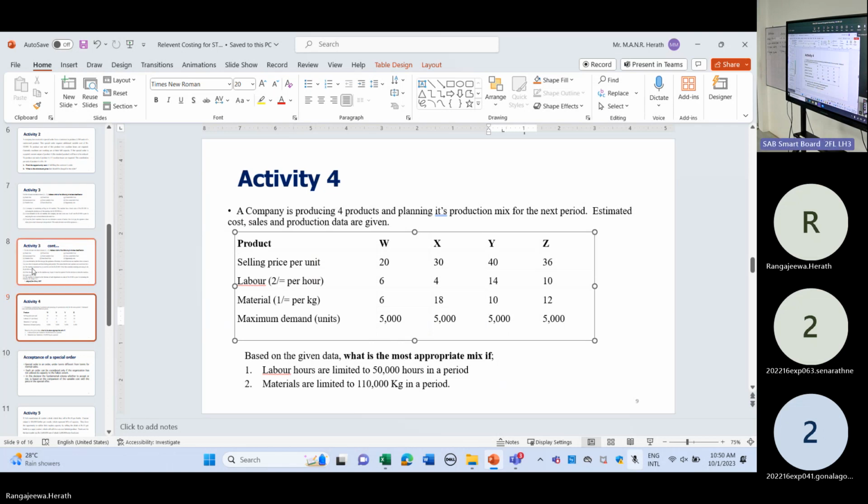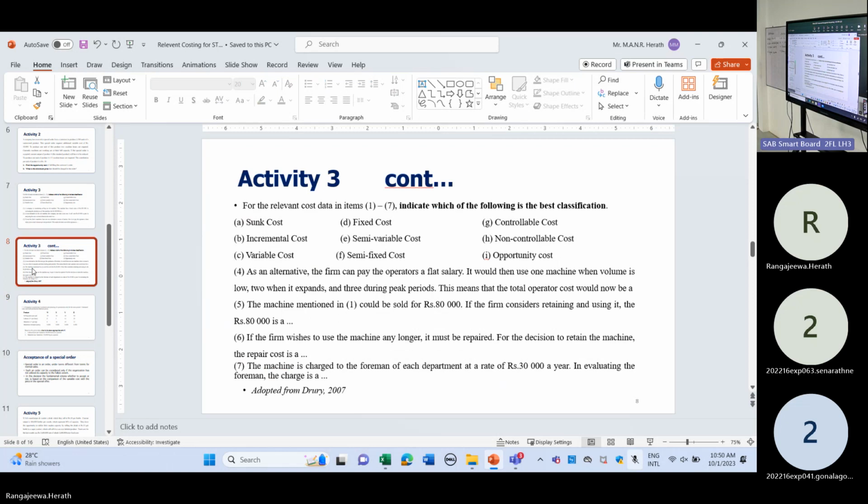These concepts, the sunk cost, incremental cost, controllable cost, opportunity cost, variable cost, fixed cost, semi-variable, and semi-fixed, are important in short-term decision making. That is what we discussed.